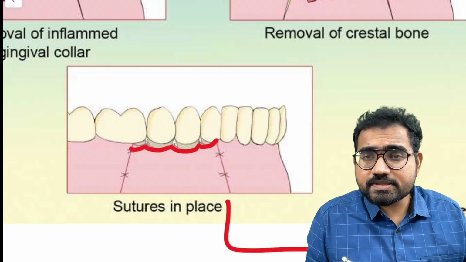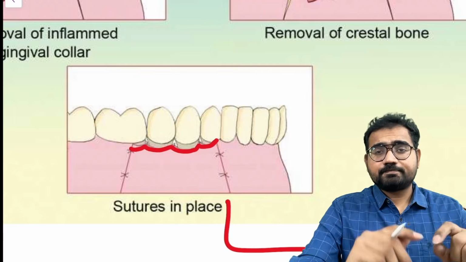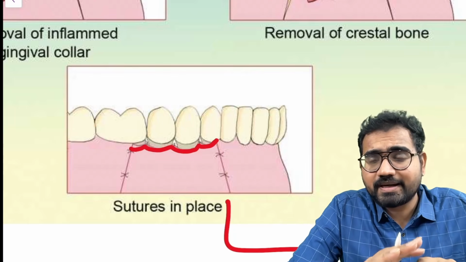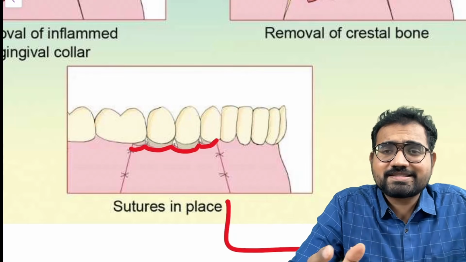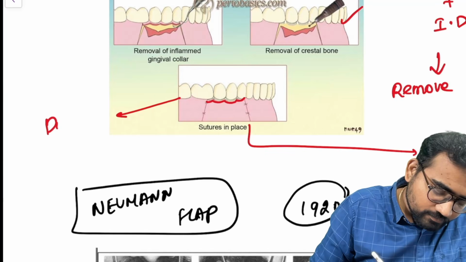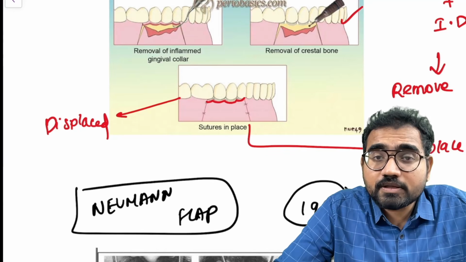Now use your common sense and tell me, is it a displaced or undisplaced flap? Is the original Widman flap displaced or undisplaced? Excellent. It is a displaced flap. Why? Because I'm not placing the flap at the original position.